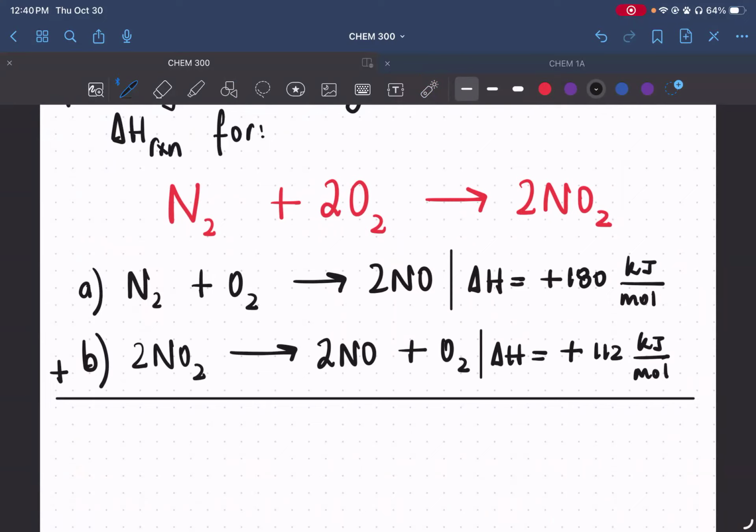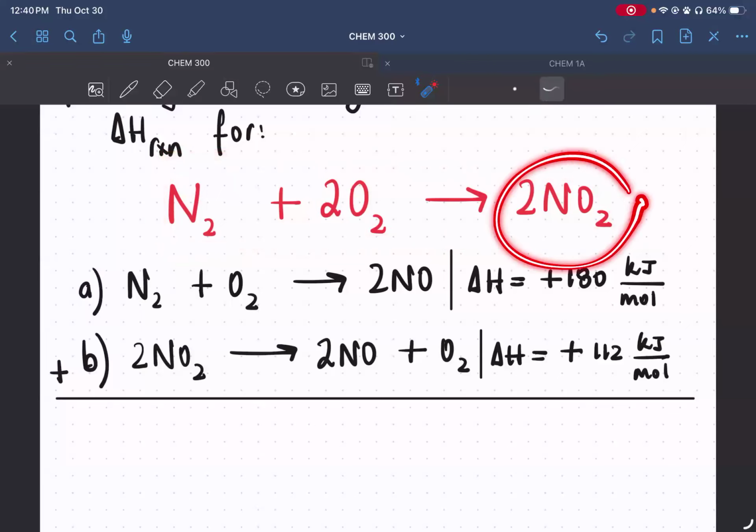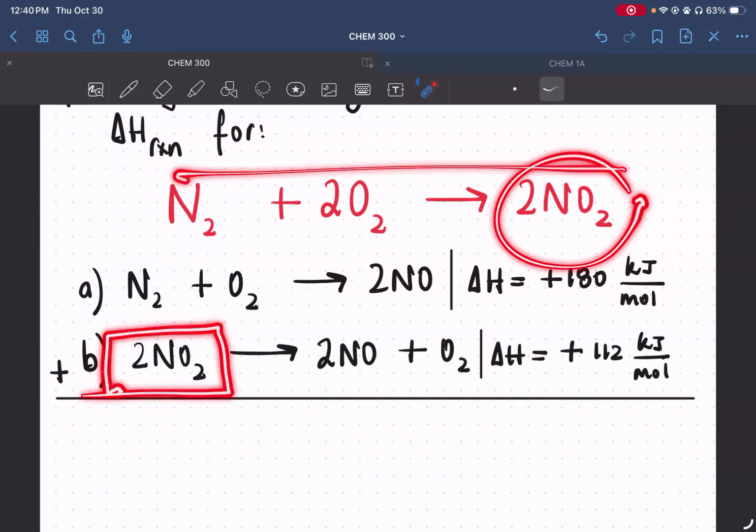For example, in the big equation, NO2 is a product. But in reaction B, NO2 is a reactant. This is a problem. It doesn't quite match up. We want it to look exactly like the top equation.